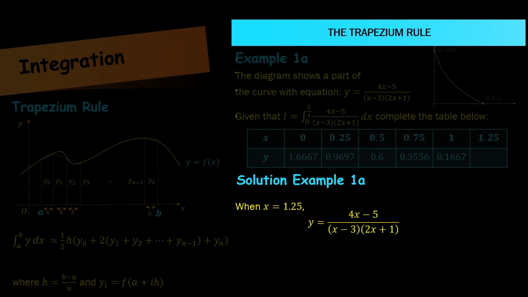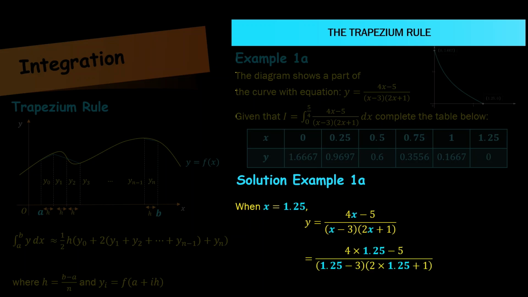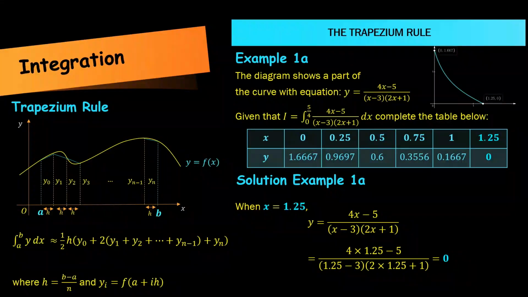Now let's see what y equals when x equals 1.25. Plugging this into the expression for y gives us that y equals 0. And so we can put that into the table as well.